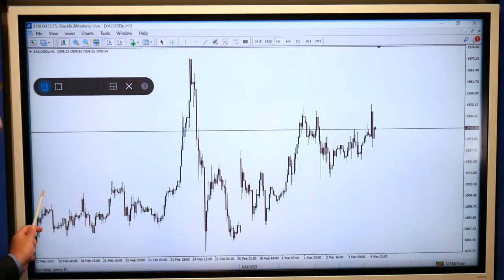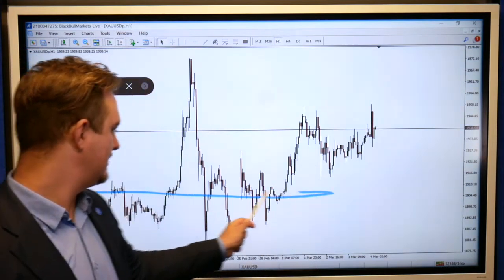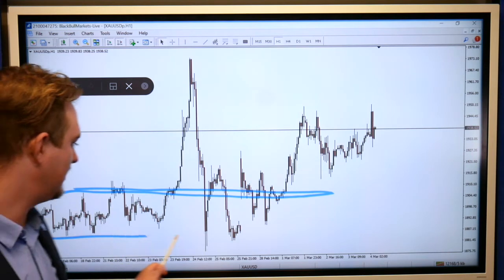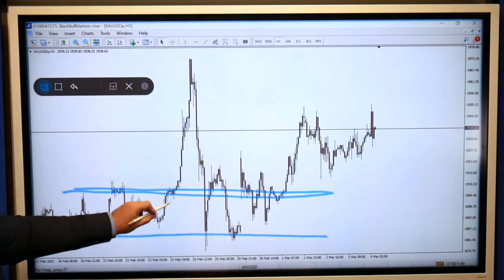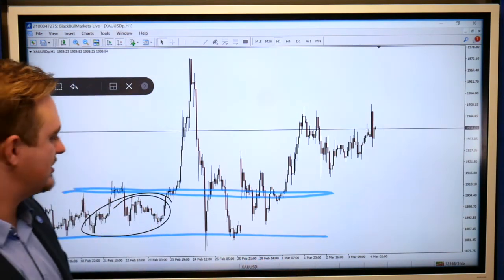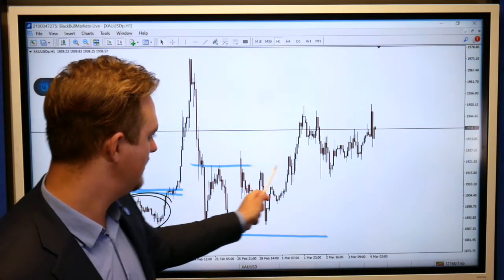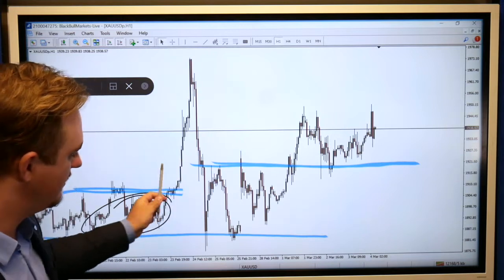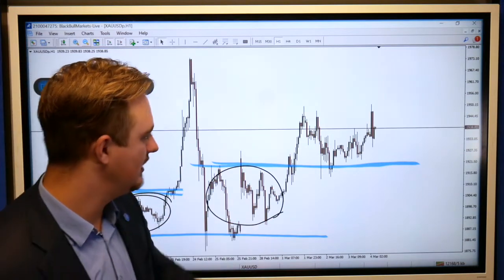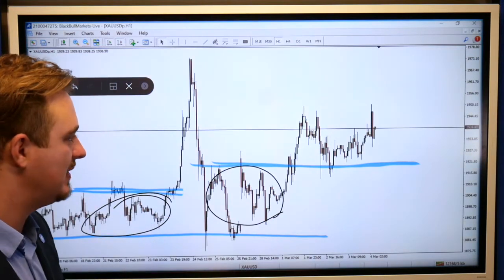We had this initial internal support/resistance zone, this smaller consolidation zone right over here. Then eventually the market broke above and created a new high for that zone. We had a bigger consolidation zone, and now the market seems to be playing its games.